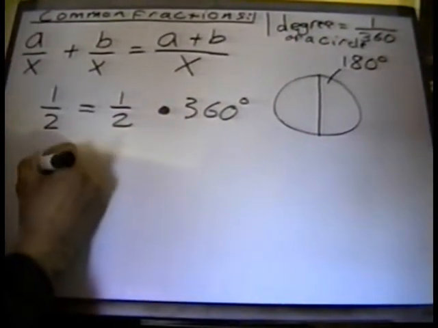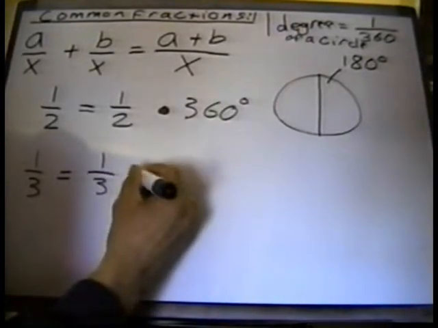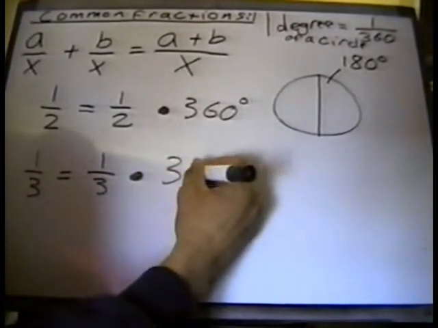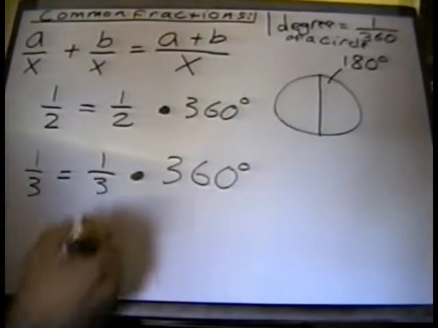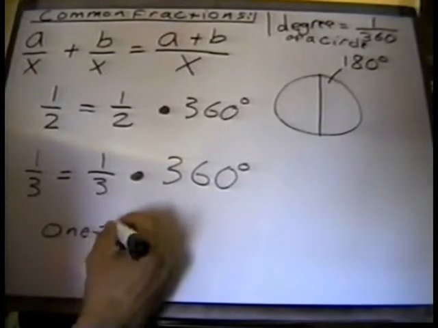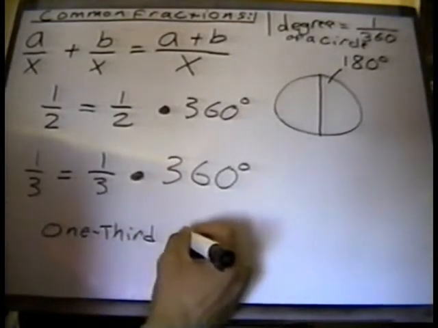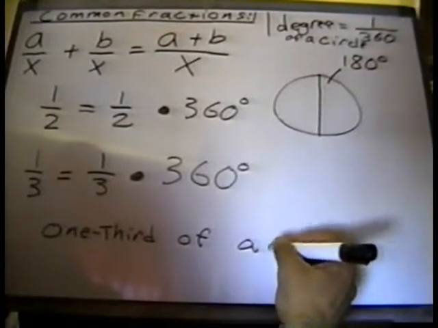So to find 1/3, we say 1/3 of 360 degrees, or 1/3 times. That's 1/3 of a circle.